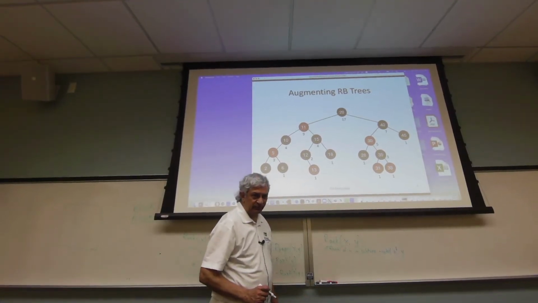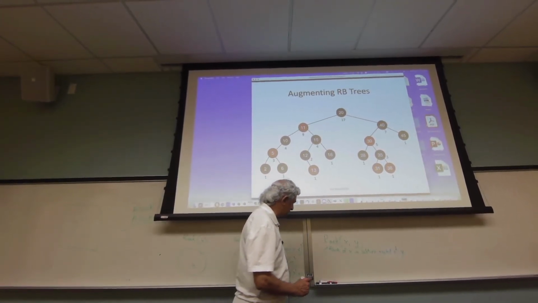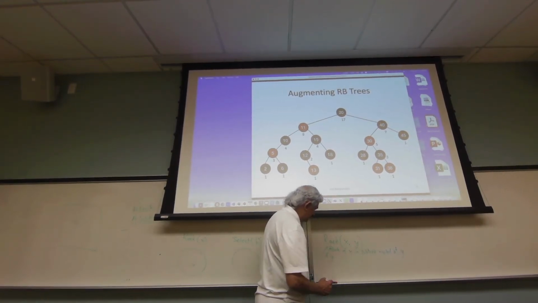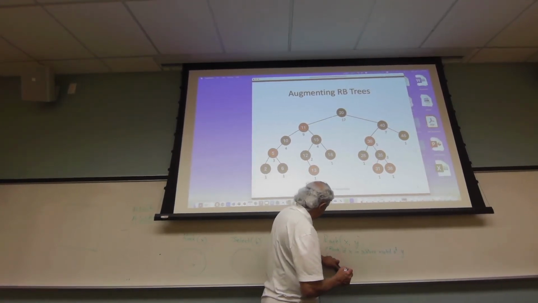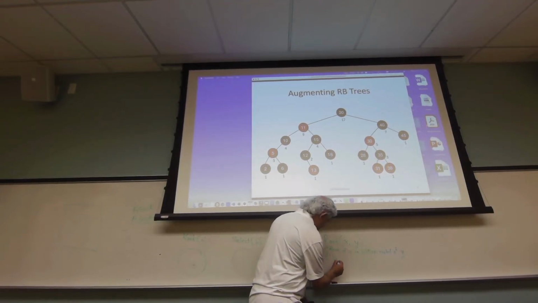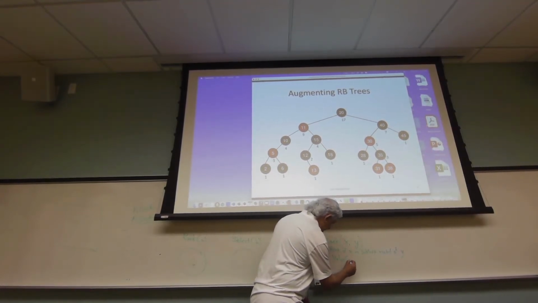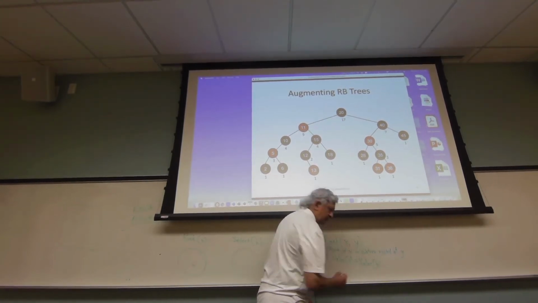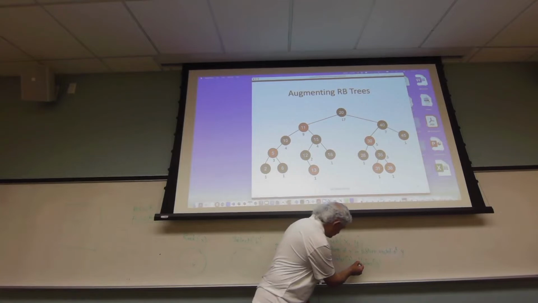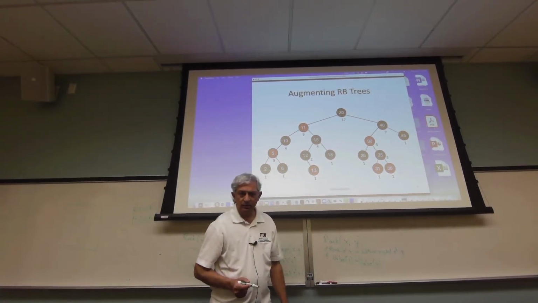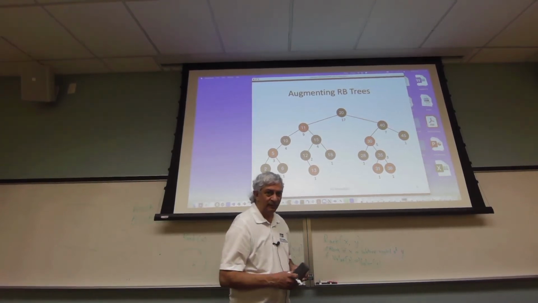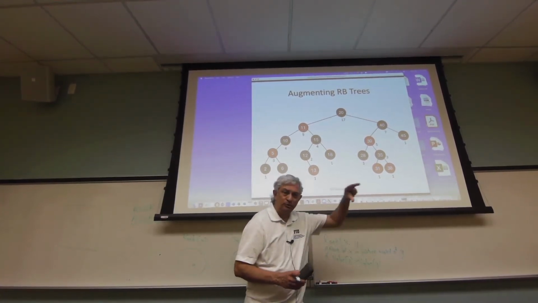The way I'm going to do this is as follows. I'm going to say if the value of x equals the value of y, then it's quite easy for me, because y, remember, is the root of the subtree.